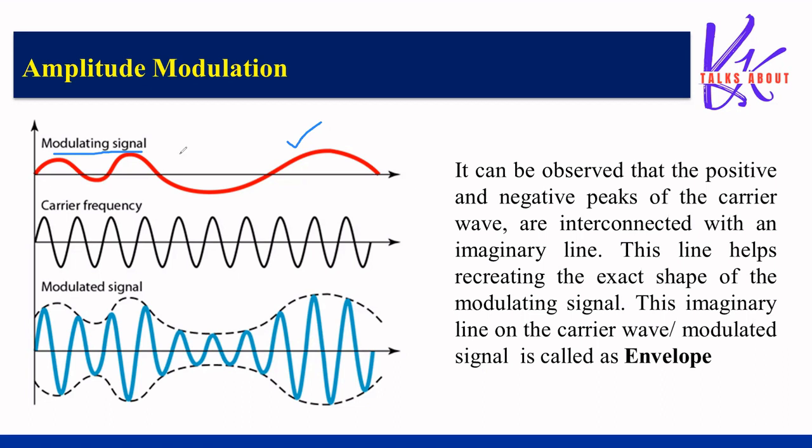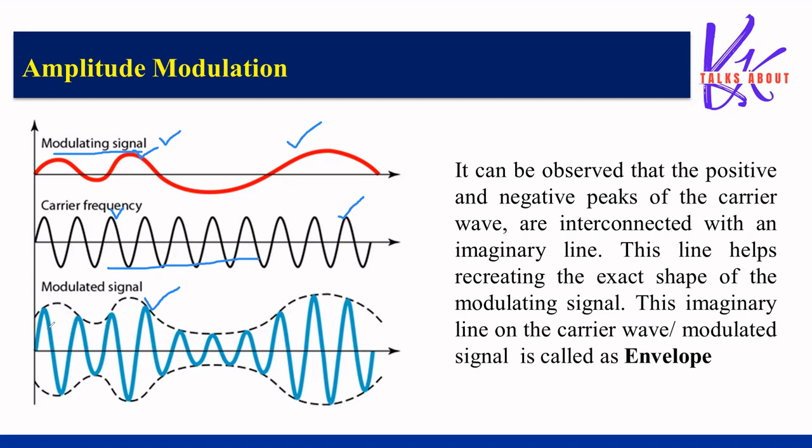As my modulating signal is a low frequency signal, I am taking a carrier signal, which is a high frequency signal. The amplitude of your carrier is varied in accordance with the amplitude of your message signal. So that is what we call amplitude modulation. When it is modulated, you'll get a waveform which is shown like this.